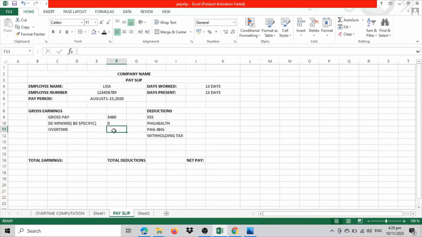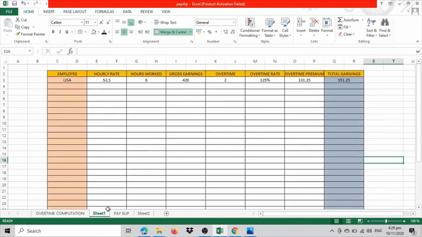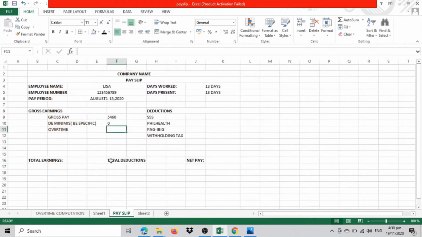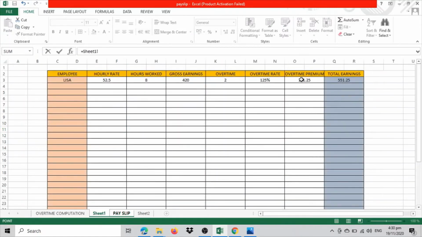So based on our computation, she will receive 131.25 pesos overtime pay. So simply write equals, then go to the computation sheet. So we have 131.25. Just select that cell, and then click enter.